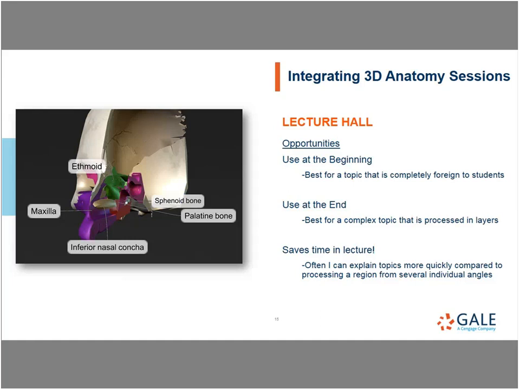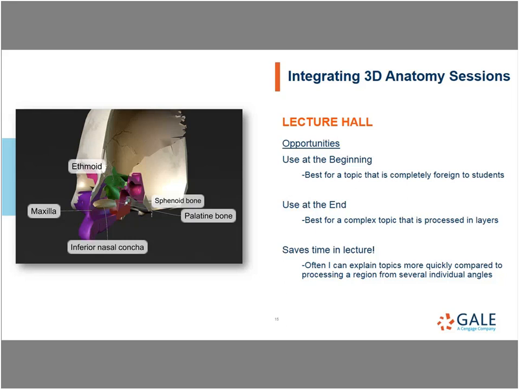They are very useful at the beginning of a lecture when you're presenting a region of the body that is completely new for your students. The image you see on the left is a good example. Most people have never considered what's happening inside their nasal cavity. It's not a region of their body they're familiar with. So spending a little time orienting your students to what these things look like visually in the big picture is a really nice place to start.